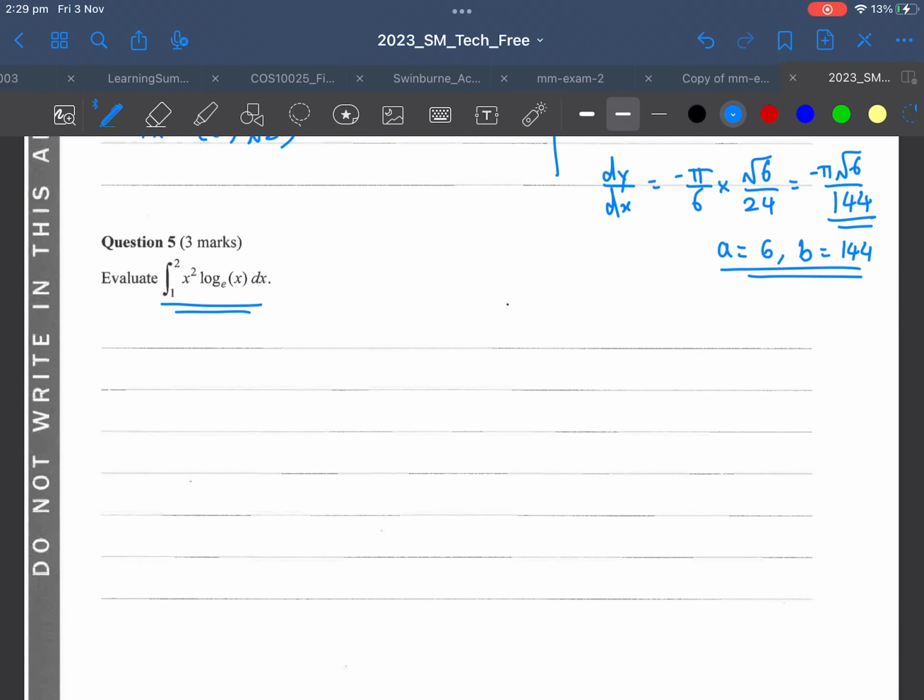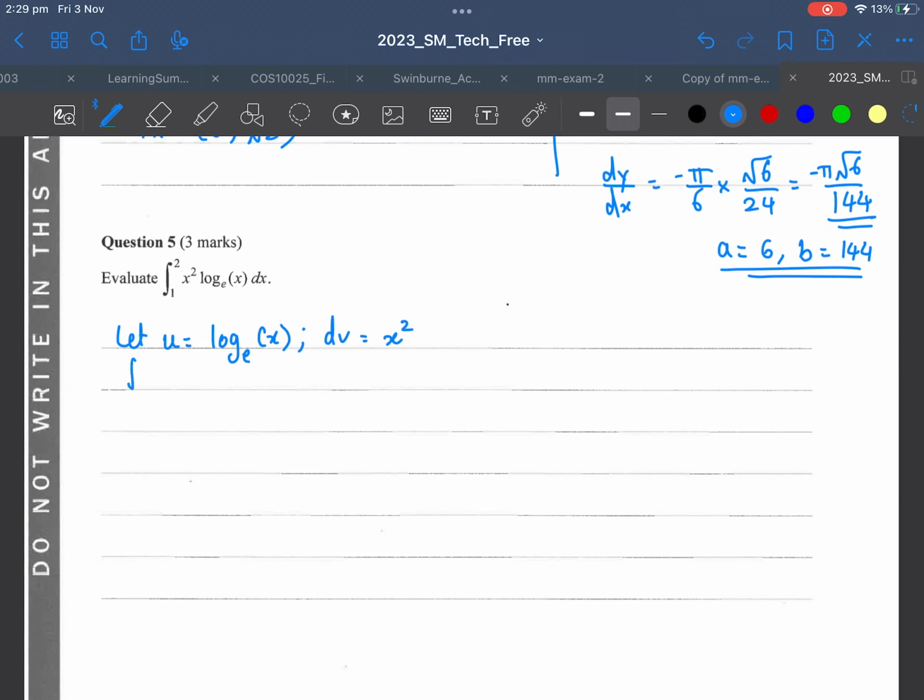Evaluate the following integral over here. Okay, this looks like an integration by parts question. So let u equal log base e of x and dv equal x squared.